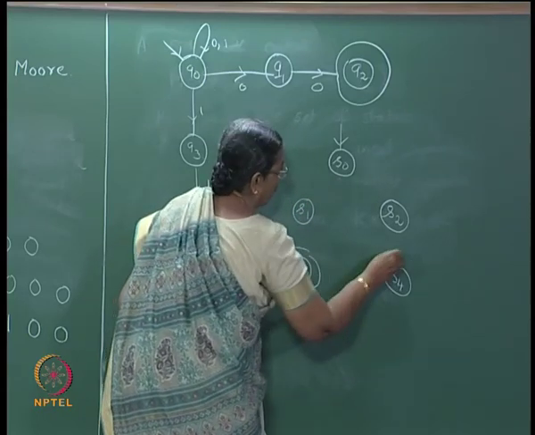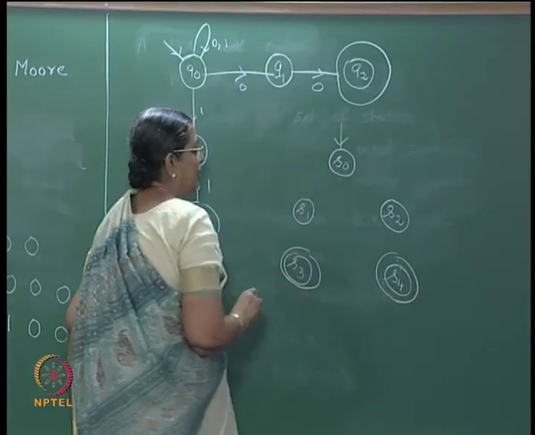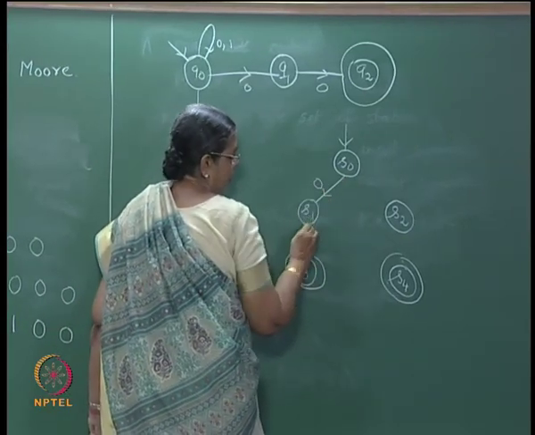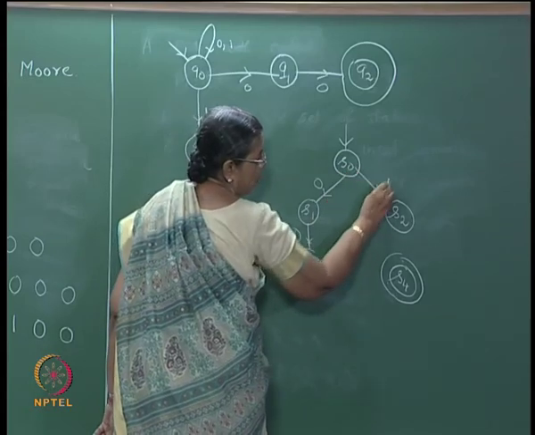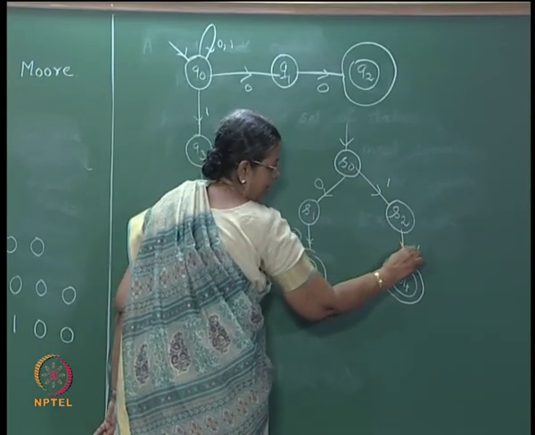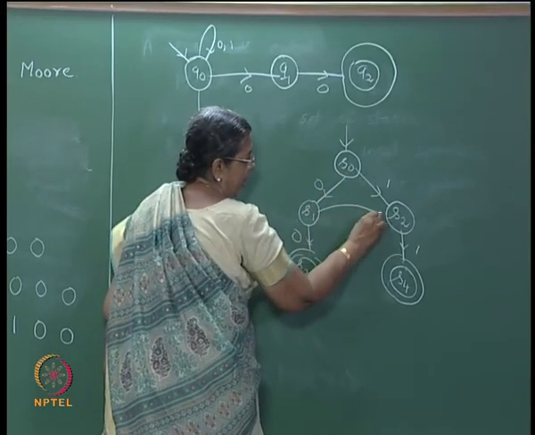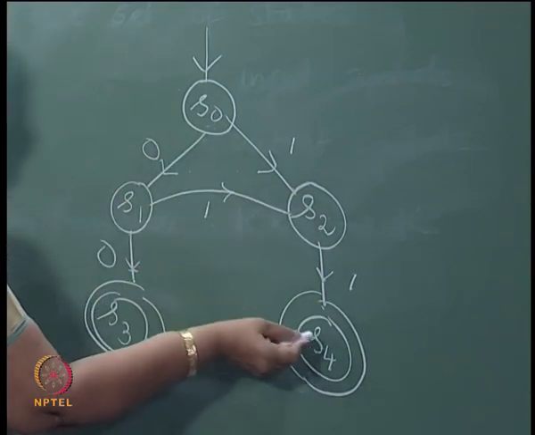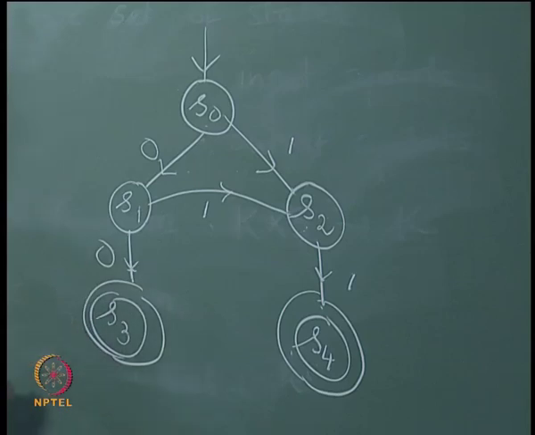S3 and S4 are final states, S0 is the initial state. If I get 2 zeros, it should be accepted. If I get 2 ones, it should be accepted, but after getting a 0, if I get a 1, I should go here, 0 1 1 will accept it, but 0 1 cannot be accepted. S2 and S1 are non-final states.